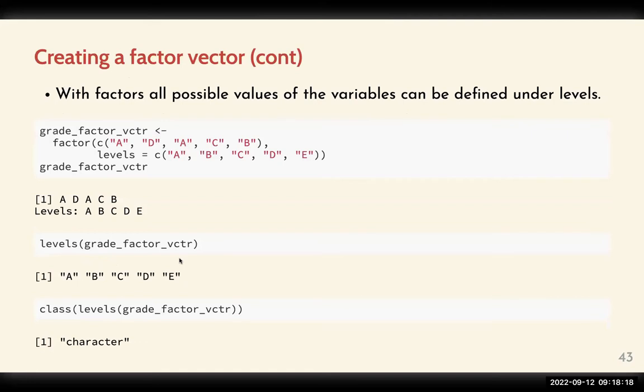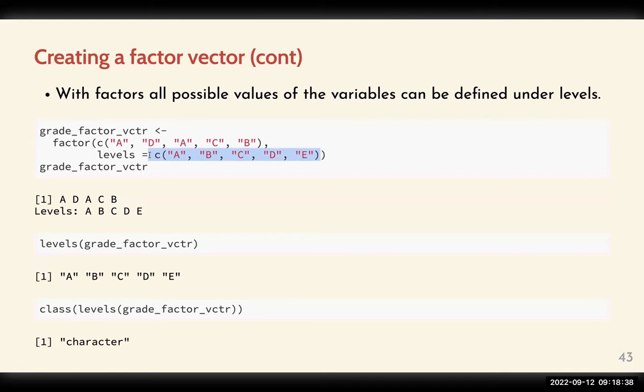You can change the levels at the time you create a factor by passing possible values as a vector through the levels argument. This actually changes the internal levels of the factor.